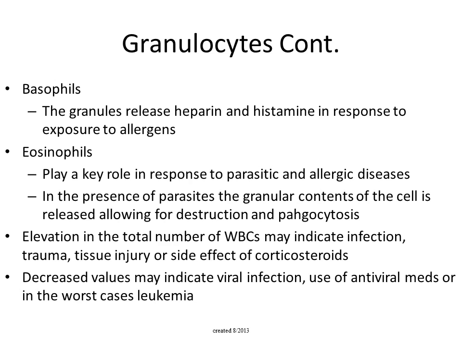An elevation in the total number of white blood cells may indicate an infection or trauma or a side effect of corticosteroids, and a decrease in these values may indicate that they have a viral infection or they're on those antiviral medications, or in the worst case scenario that they have leukemia, which is what we're going to study in a couple minutes.